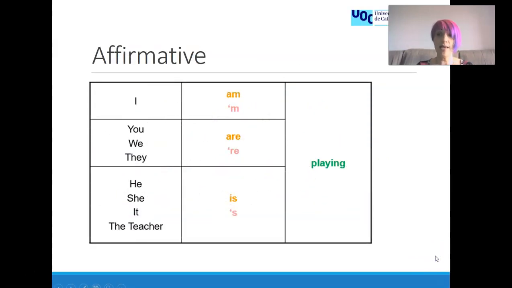If we want to make an affirmative sentence, we always start with the subject, then the verb be, I am, you are, he is, she is, right? And then the main verb in ing, or the gerund, whatever you want to call it. It's also called the present participle, right?